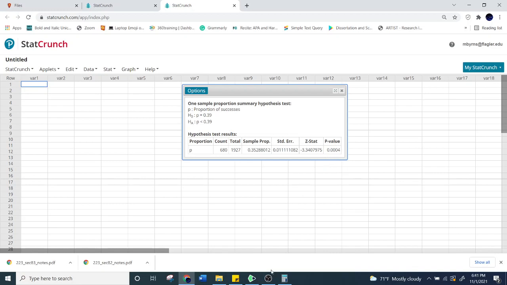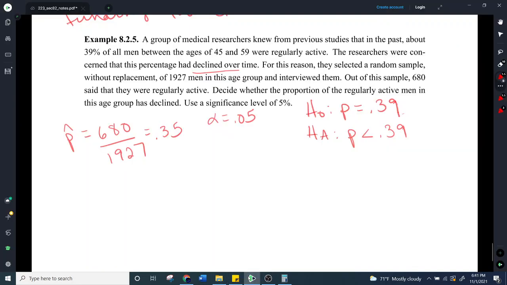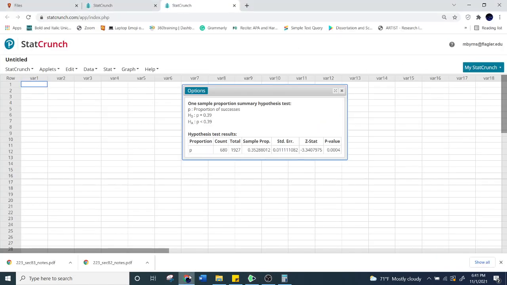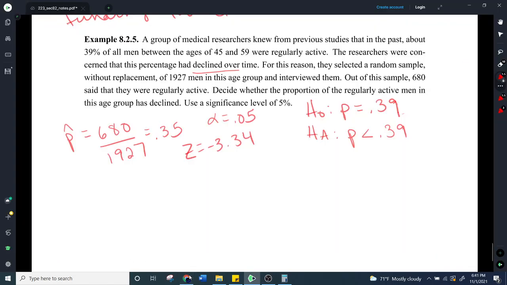So my p-value, let's write that down. Our z-score was negative 3.34. And the p-value associated with that is 0.0004. So the p-value is 0.0004. Okay, so what does this mean?